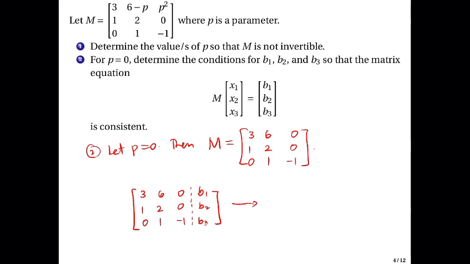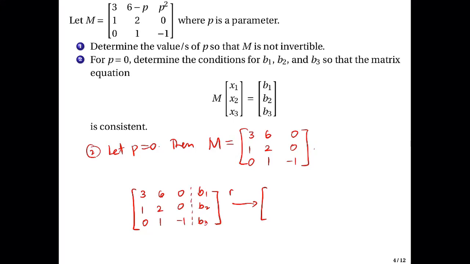So in here, we clearly can interchange these two rows. Actually, let's just interchange row 2 and row 3.